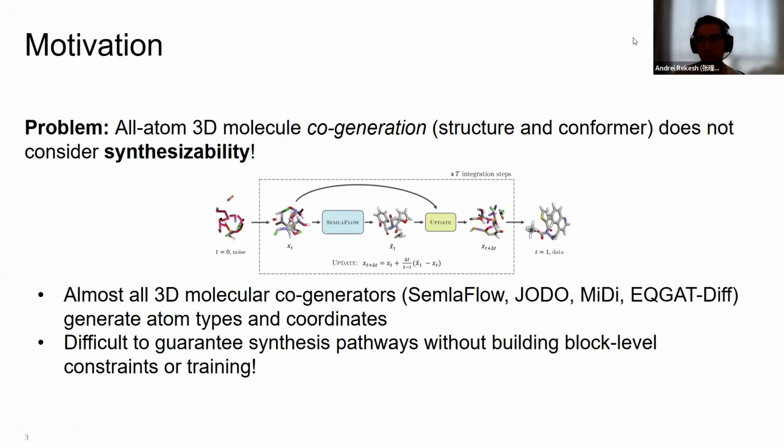So a lot of the contemporaries of these 3D molecular co-generators that operate at the atom level, like Semlaflow and Jodo, and since the initial submission of this paper, there have been a lot more, they generate atom types and coordinates, and it's difficult to zoom out and guarantee that these synthesis pathways are valid at a synthetic chemistry level without building block level constraints or building block level training.